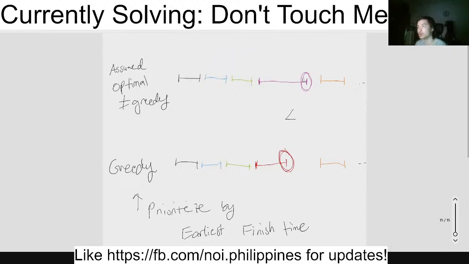But what happens if I exchange the choice that was made by this optimal solution with the choice that was made by the greedy solution? Then I can still pick all of those guys, no problem.